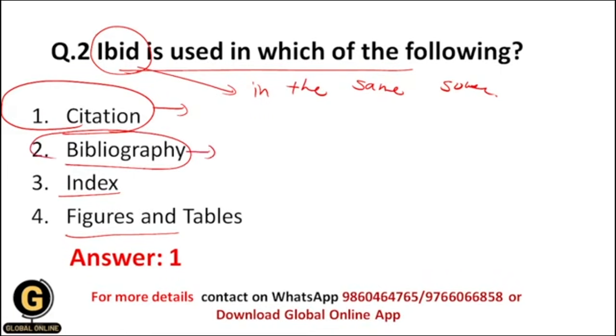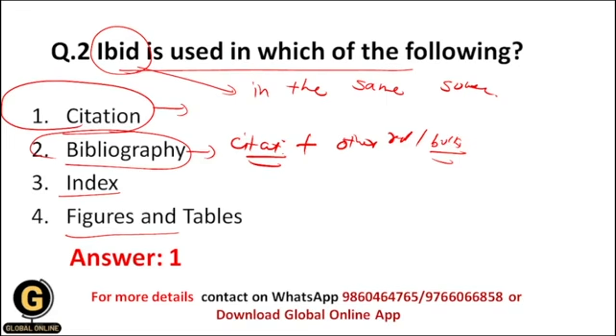Now what is bibliography? Bibliography includes both things. It includes citations or references, as well as other references such as books. So it includes citations and other books that we refer to or that we don't refer to, but still we mention them in the bibliography because they include information relevant to the research topic, and that's why the reader can use these sources for their further research or further knowledge.